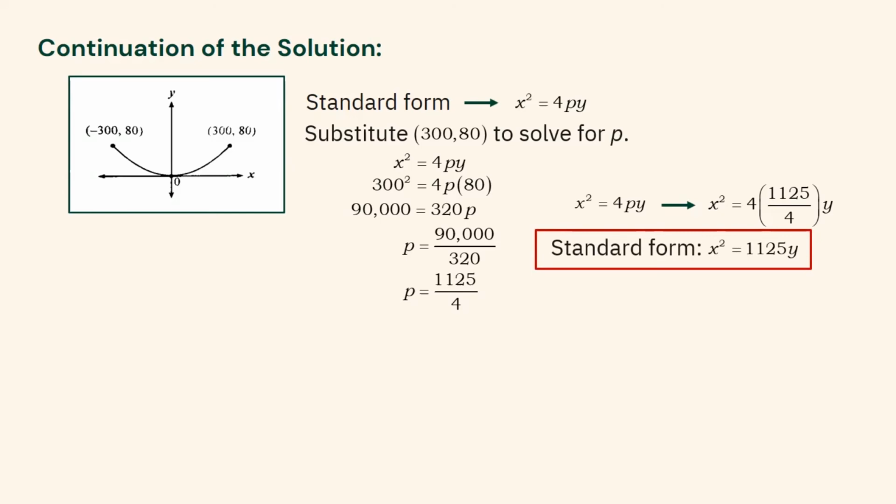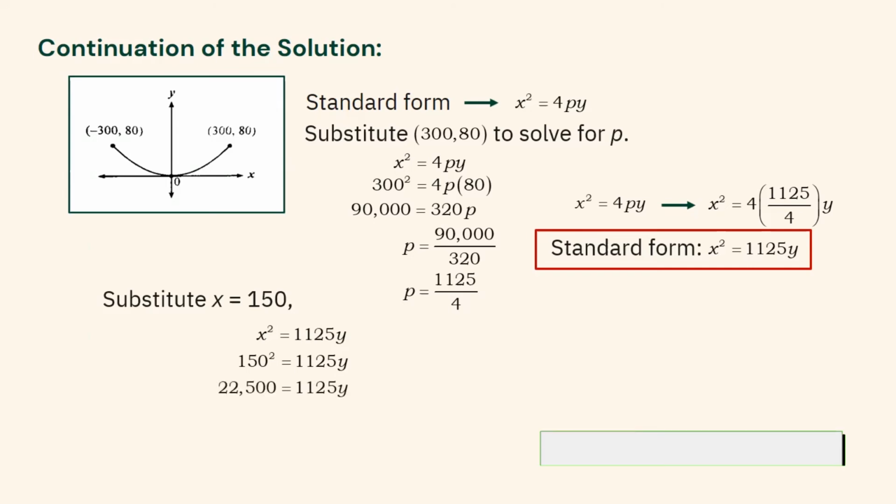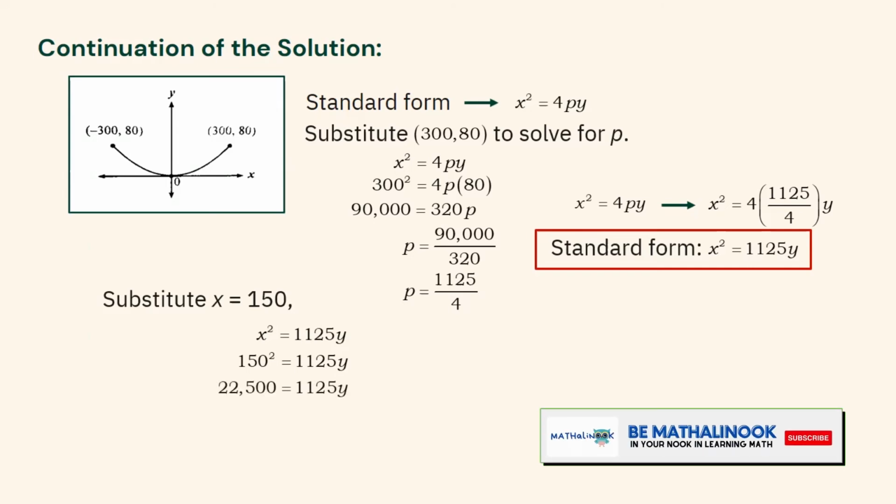To do that, we need to substitute x equals 150 to our equation. Hence, we will have 150 squared equals 1,125y. Simplifying 150 squared, we will have 22,500 equals 1,125y.